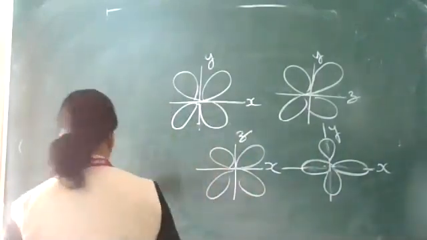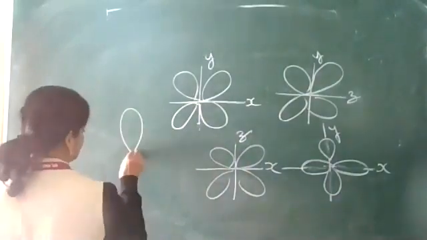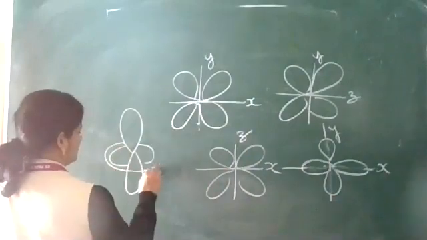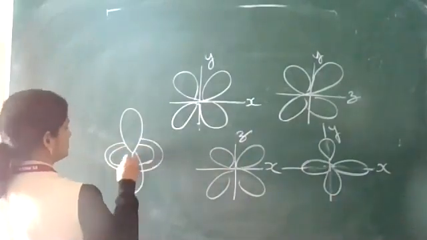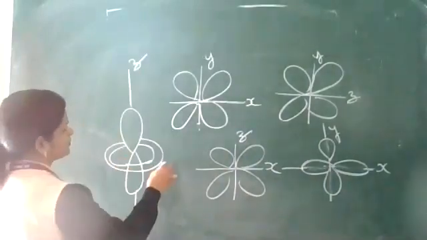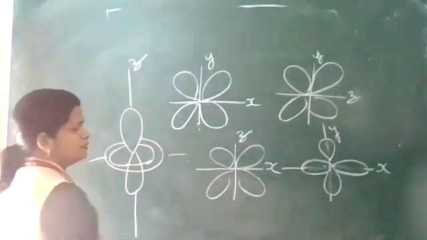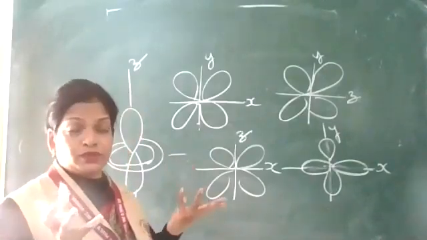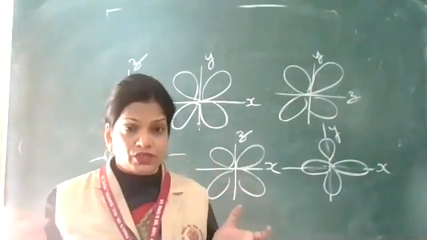3dz² is donut shaped. So you consider all these together, in all directions.